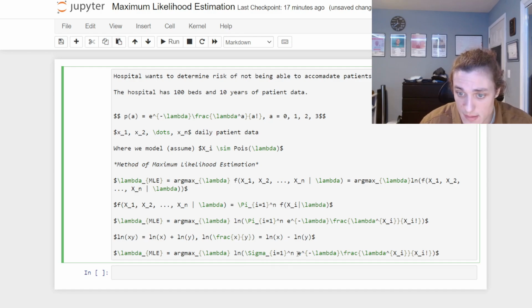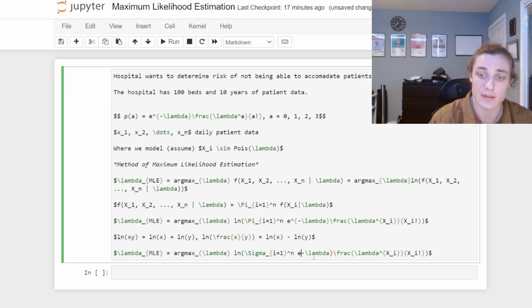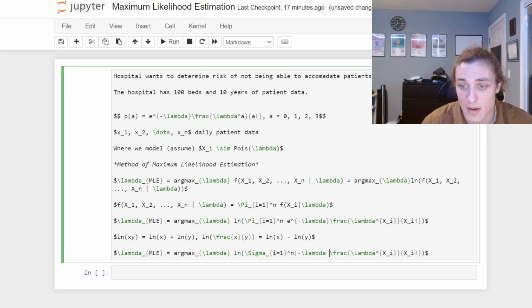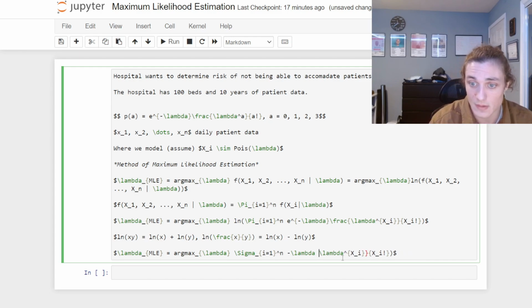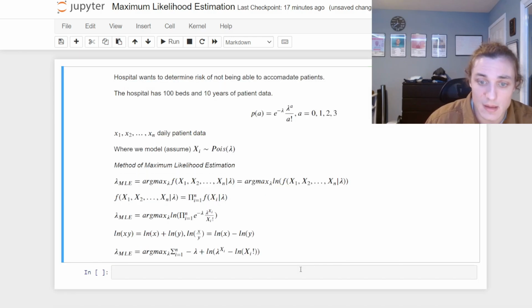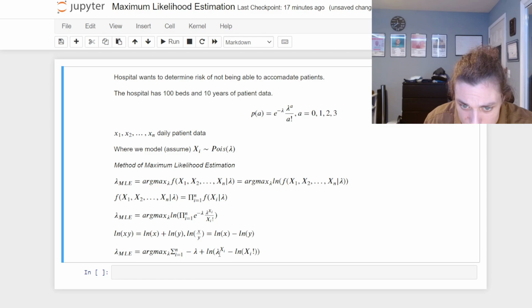Instead of e to the negative lambda, we are just going to have negative lambda. We'll keep this in the summation for now. Get rid of this ln because the e drops out. Then we're going to do plus ln of lambda to the xi minus ln of xi factorial. And we get something that looks like this.